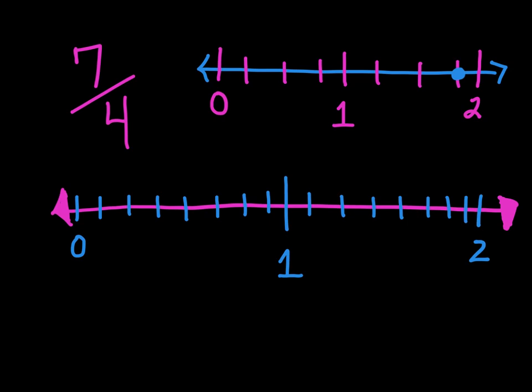Well, if we have 7 fourths, and this one is broken up into 8s. So where would that be on this number line? 7 fourths would be, let me find this, 1, 2, 3, 4, 5, 6, 7, 8.